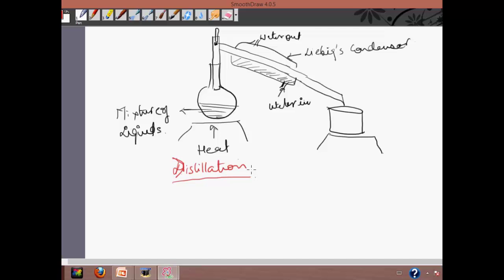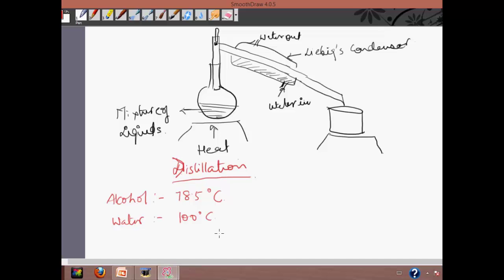So what will happen here is, as we know, alcohol boils at 78.5 degrees centigrade and water boils at 100 degrees centigrade. So what will happen in this experiment? The alcohol will first get into vapor state, that is, it will boil first and collect in the receiver.